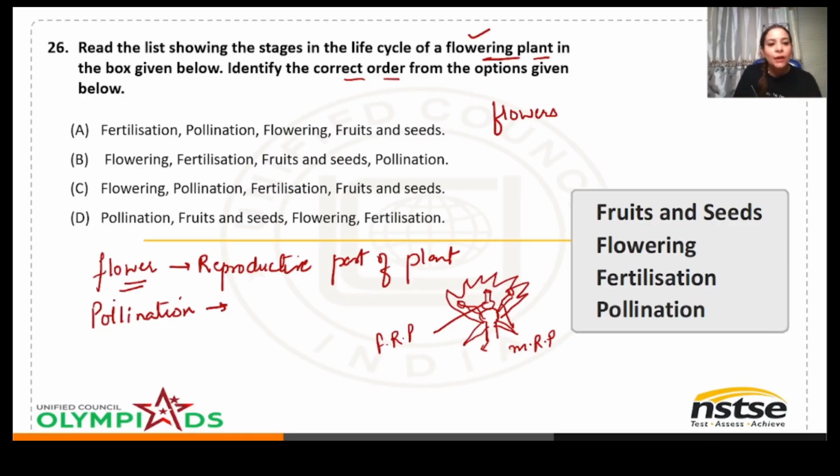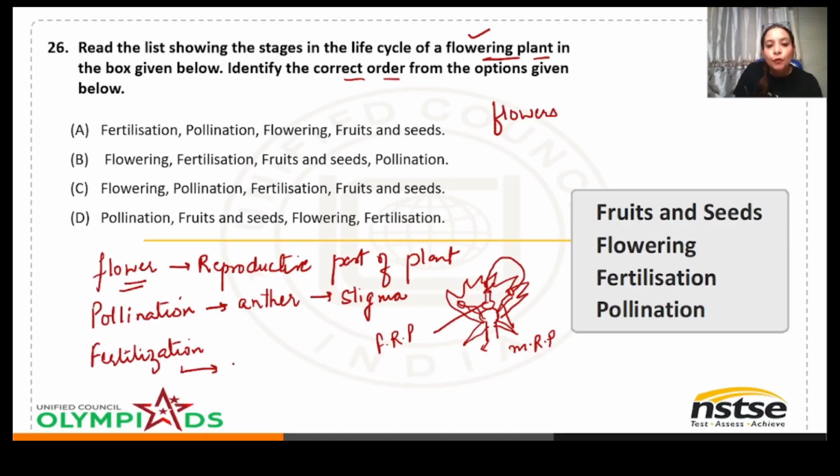After that, what occurs? Pollination. What do we mean by pollination? Pollination means transfer of pollens from anther to the stigma of the flower. So what is pollination? Transfer of pollens from the anther to stigma of the flower. Okay, and after that what occurs? Fertilization occurs. So after pollination, fertilization occurs.